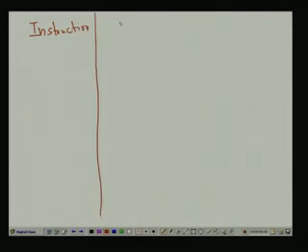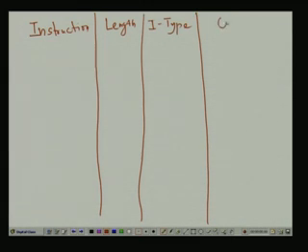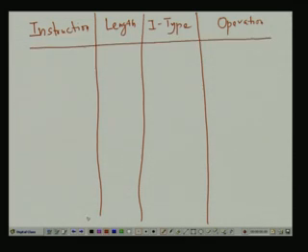Now, we see the non-memory reference type of instructions. Again, this is an instruction, the instruction length in bytes, then instruction type, and the operation. Now, we have 4 instructions of type NMRI, non-memory reference instructions.